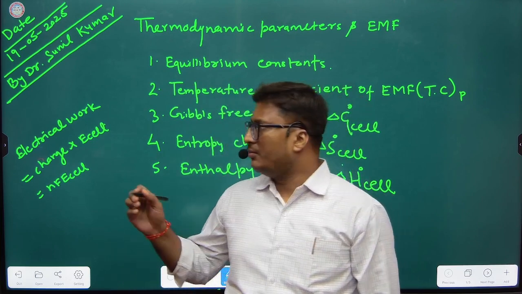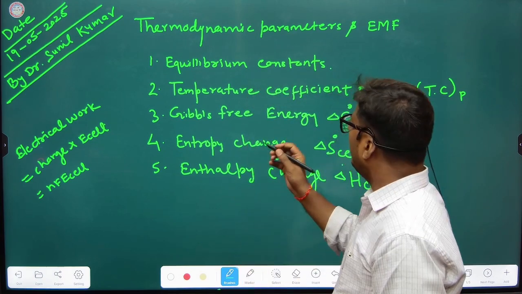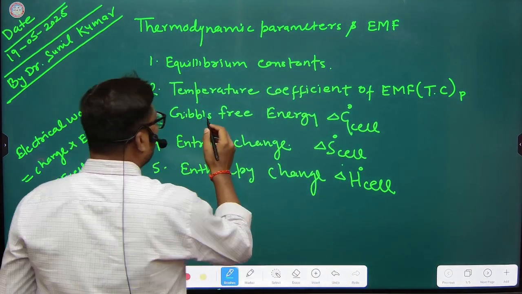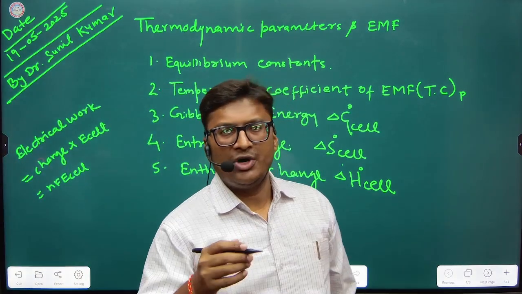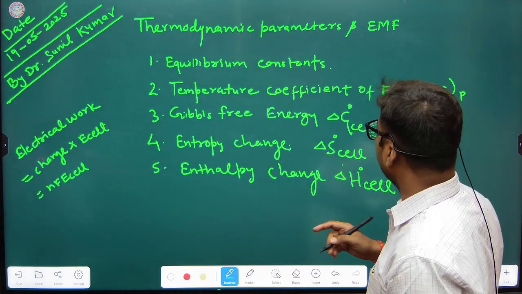So by using the Nernst equation, we will try to elaborate some points that are most important in electrochemistry, and that will help to understand the fundamental application of electrochemistry, right?